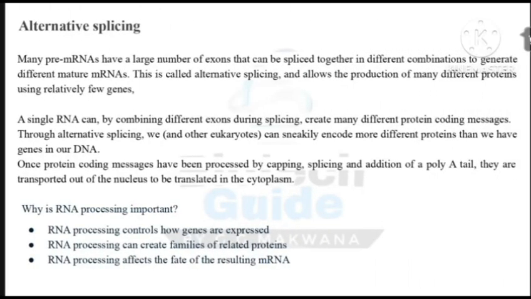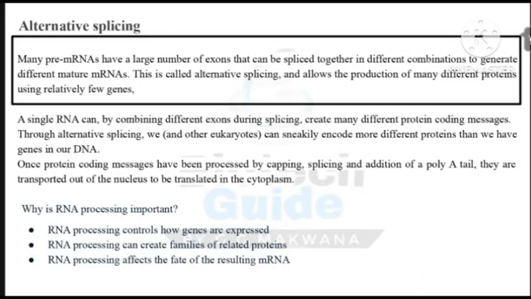Alternative splicing. What happens when a pre-mRNA has a large number of exon coding regions? In that case alternative splicing takes place, where splicing happens in the conversion of pre-mRNA into the mature form of mRNA, and many kinds of mature mRNA are generated.